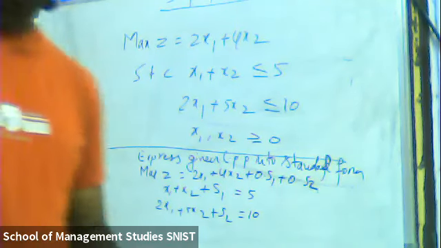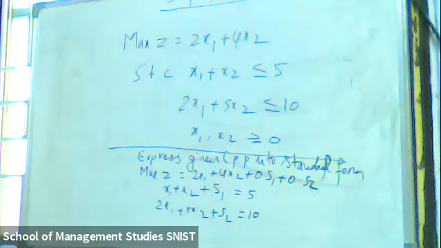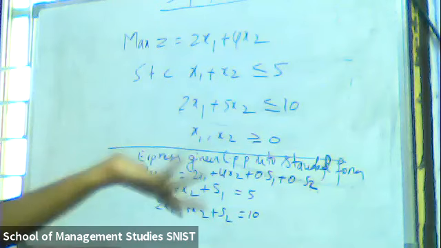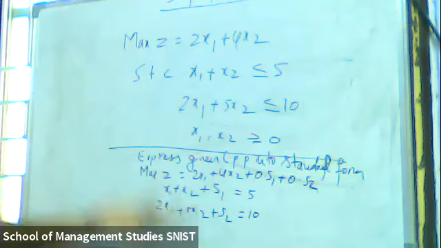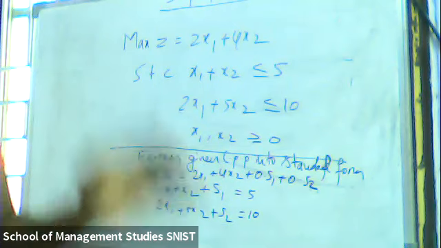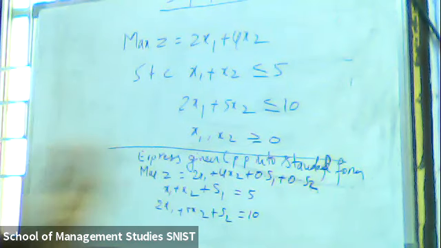If there are 3 constraints, then we have to take s3. If it is 4 constraints, s4; if it is 5 constraints, s5. The coefficients of slack variables in the objective function are 0: 0 s1 plus 0 s2 plus 0 s3 plus 0 s4, and so on. Most probably in the examination, because you have limited time, they may give you a maximum of 2 to 3 constraints.